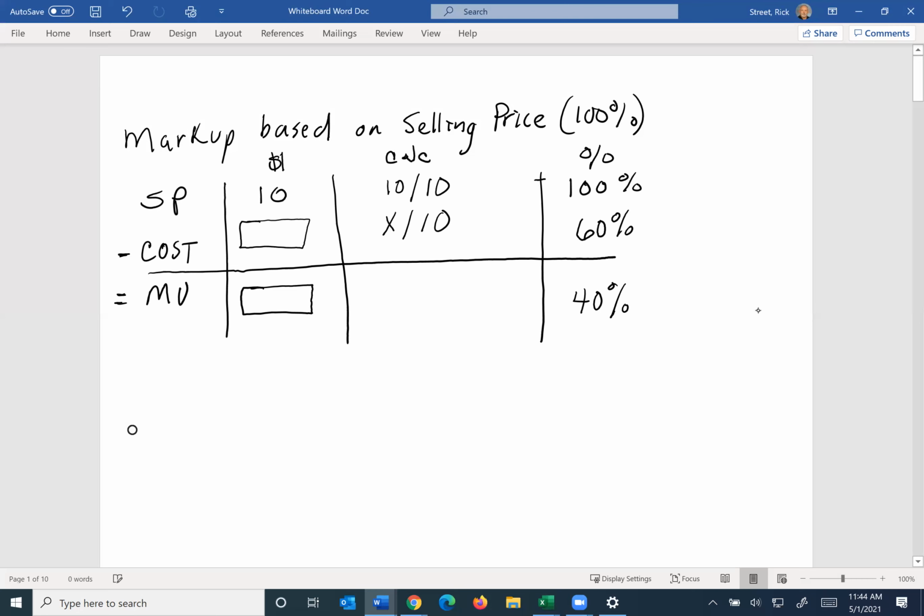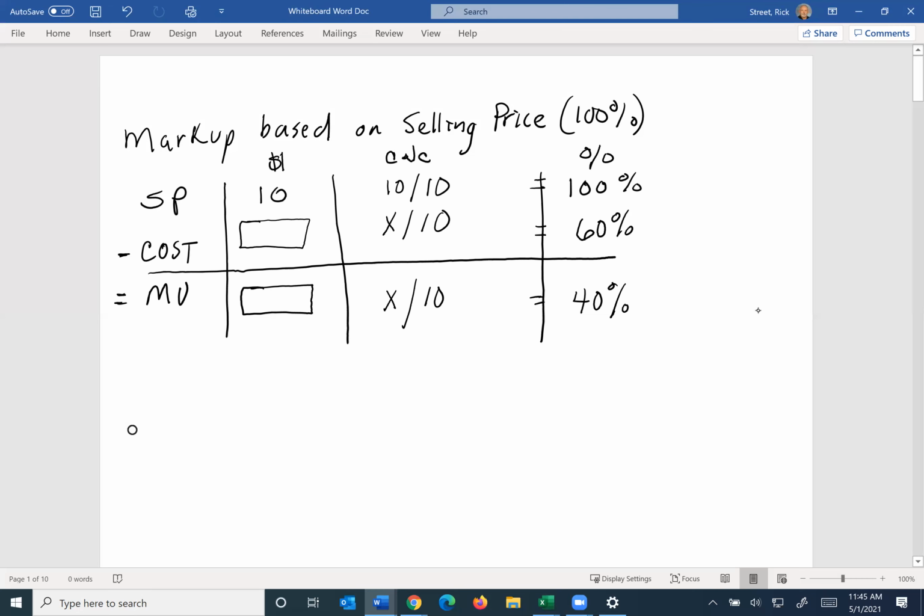So you can kind of go like this, make a little equal sign there. A lot of this is mathematical, so once you've got one thing, you've got them all. Here will be X, the cost that we don't know, divided by the base sales price of $10. Remember, we're marking up based on sales price, so the sales price is the base.